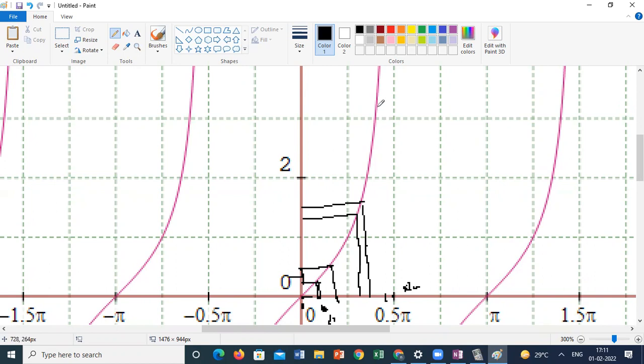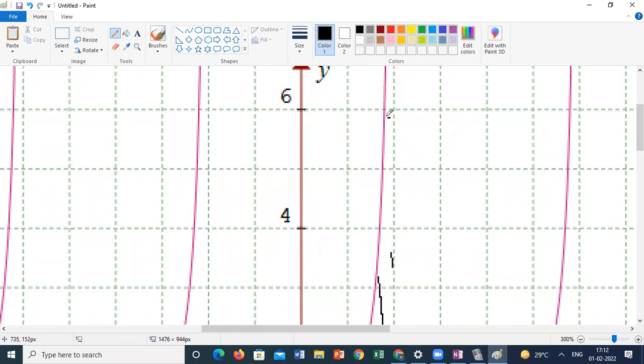See, if I'm joining here, the function is increasing to undefined. Suppose I take a very small change here, it will meet somewhere here. So this is a change in y.